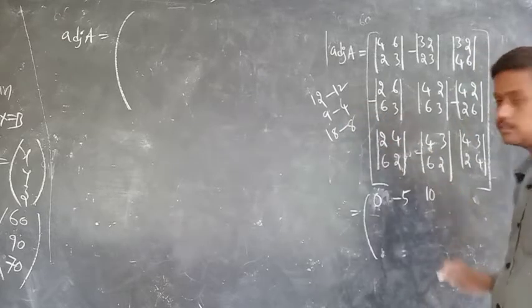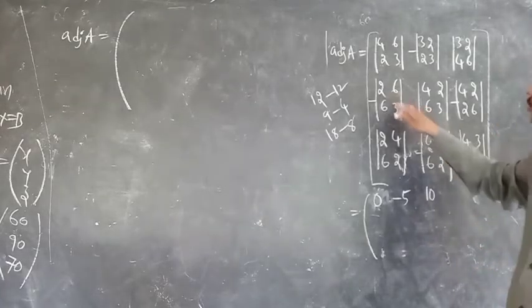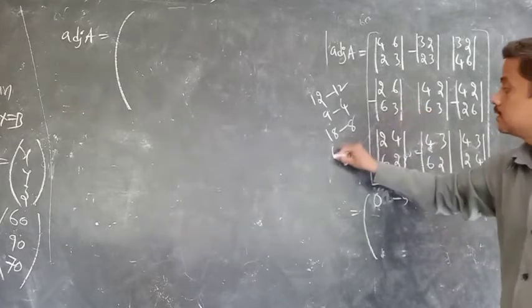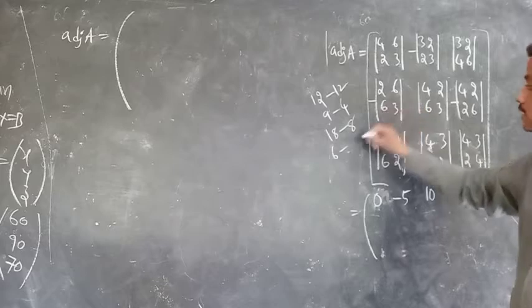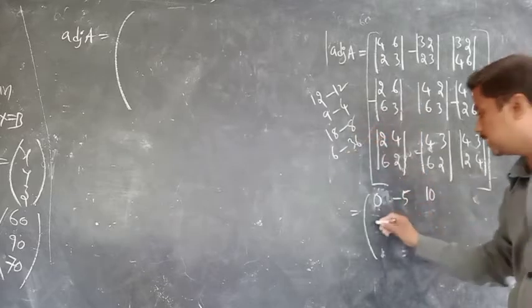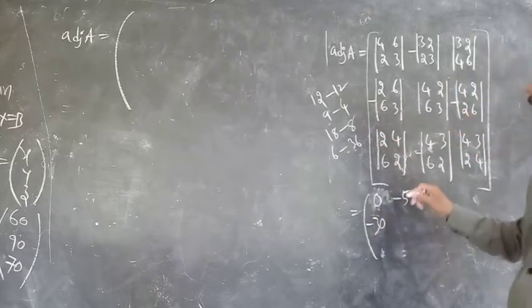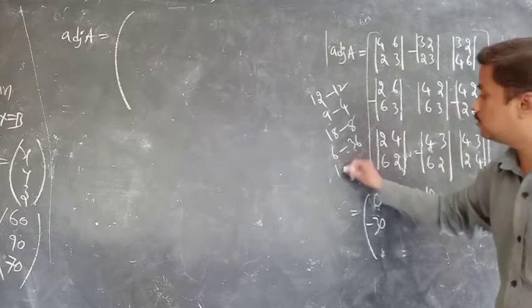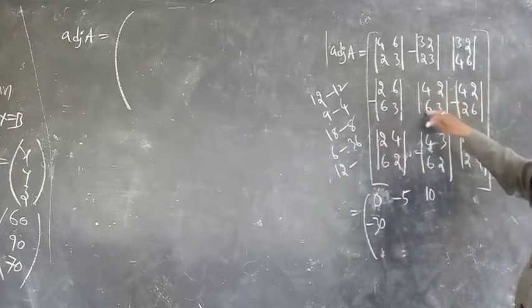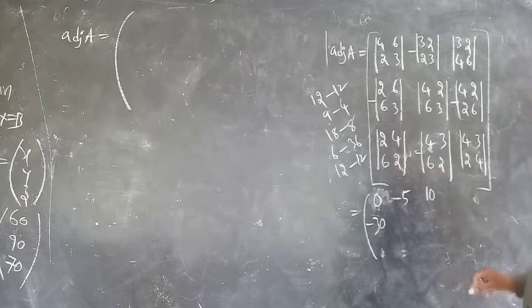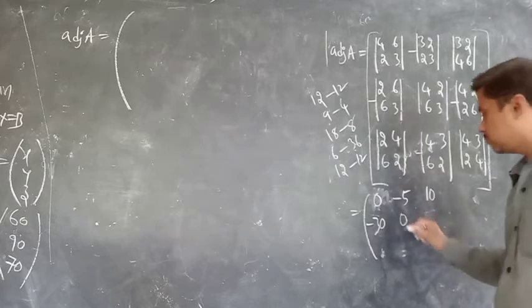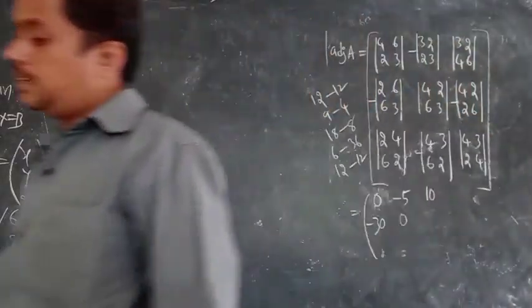Over. Next, 2 3s are 6 minus 6 6s are 36. 6 minus 36 is minus 30. Next, 4 3s are 12 minus 6 2s are 12. 12 minus 12 is 0. Like that I have to calculate.